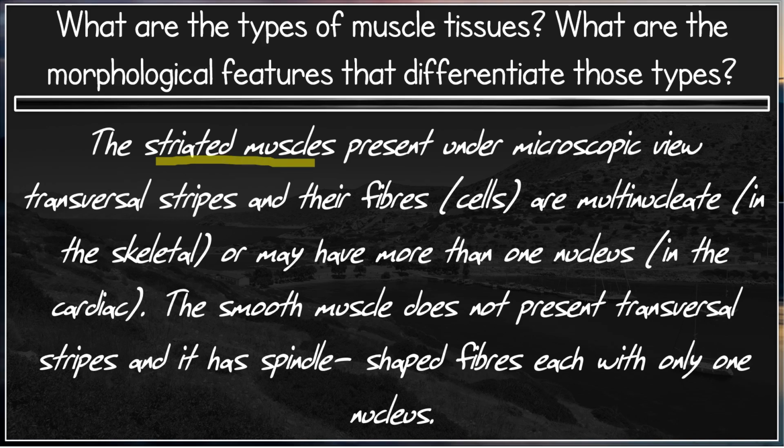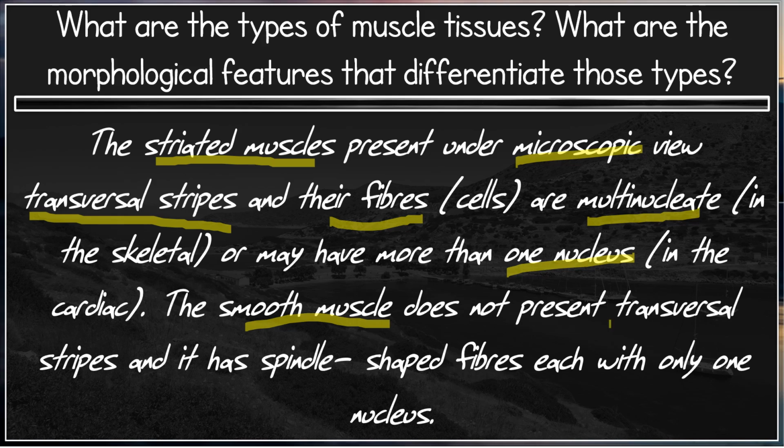Striated muscle presents transverse strips under microscopic view, and its fiber cells are multinucleated in the skeletal muscle. Many have more than one nucleus in the cardiac muscle. The smooth muscle does not present transverse strips, and it has spindle-shaped fibers, each with only one nucleus.